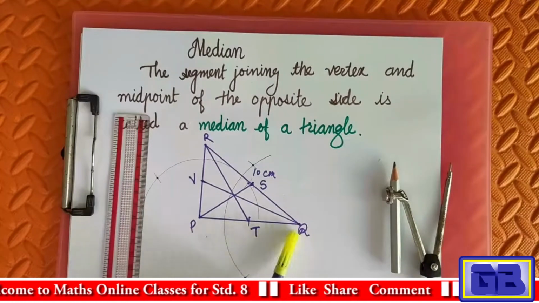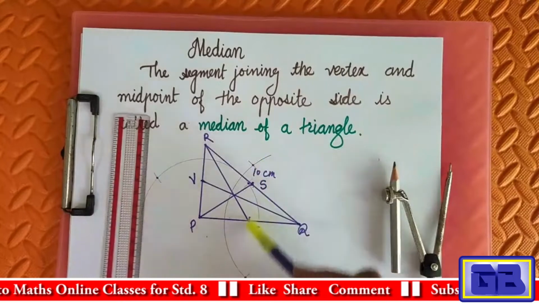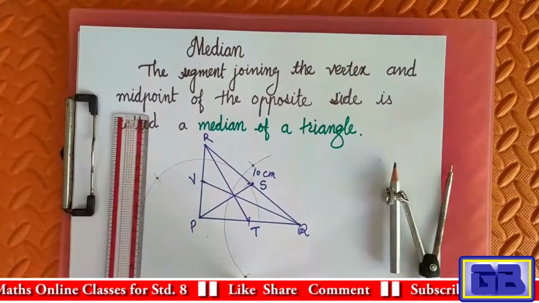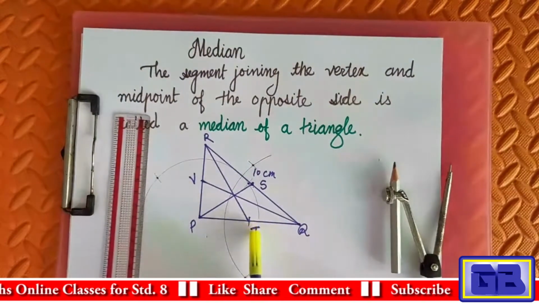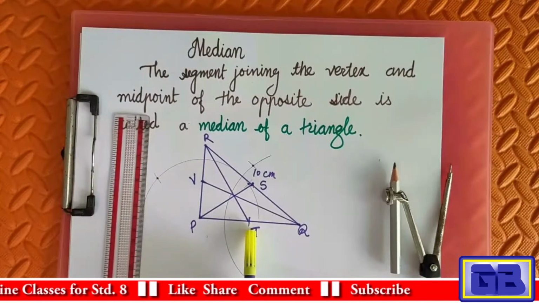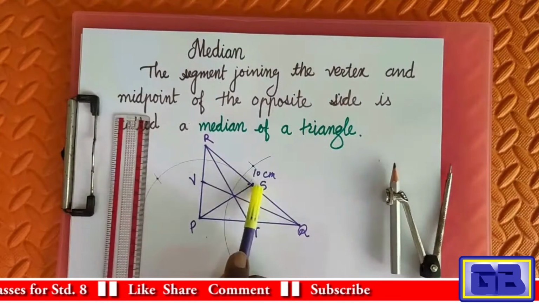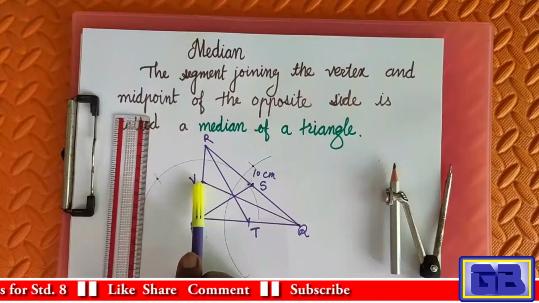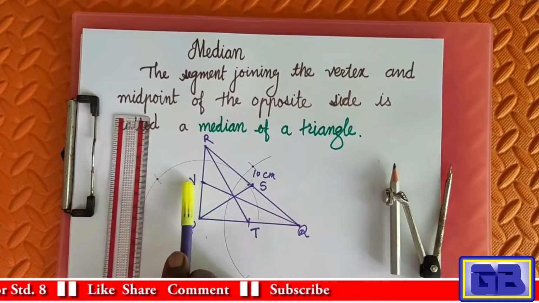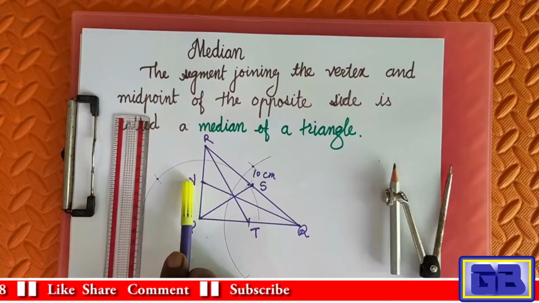I didn't know the measurement of this side and this side, so I have taken a perpendicular bisector and I have taken a point here. So we got 2 equal parts and here we got the midpoint. The same way here also we have done the perpendicular bisector and we got the midpoint V.